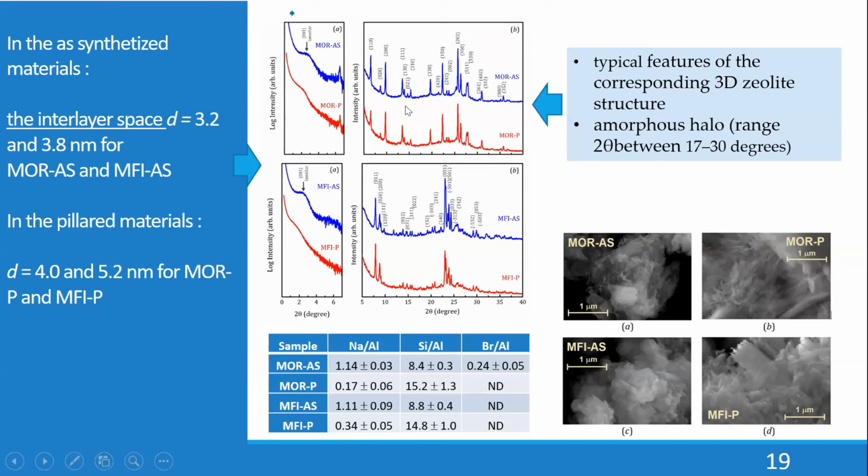And this zeolitic layer is about 1 unit cell, about 9-10 angstrom. In the pillared materials, after calcination, we also observe this small peak that confirms that we deal with pillared, layered materials.